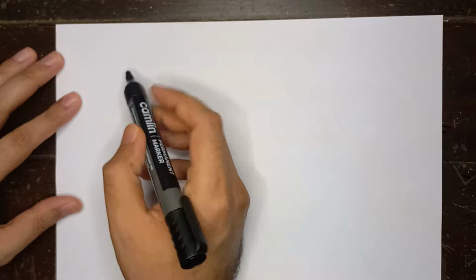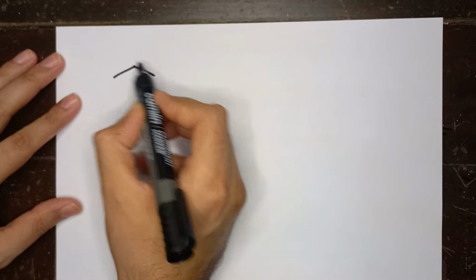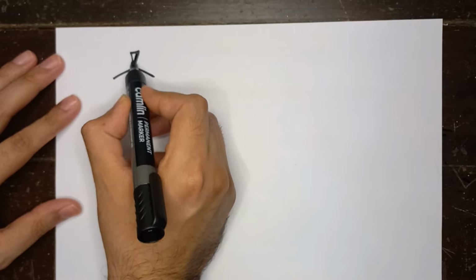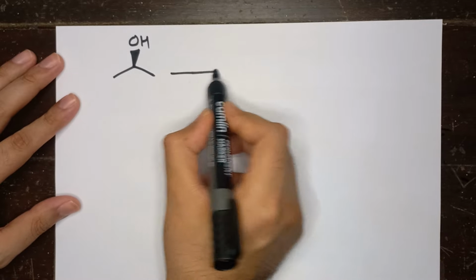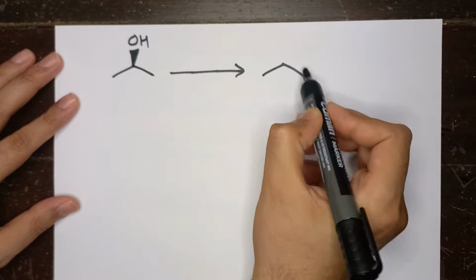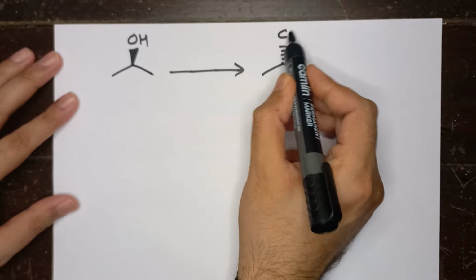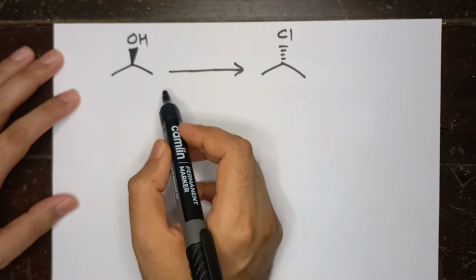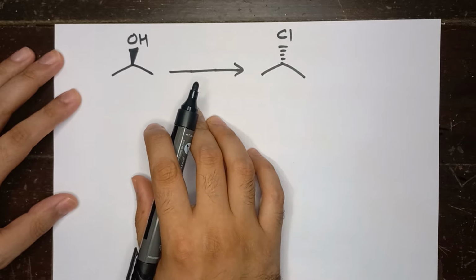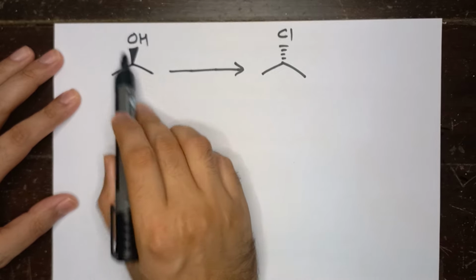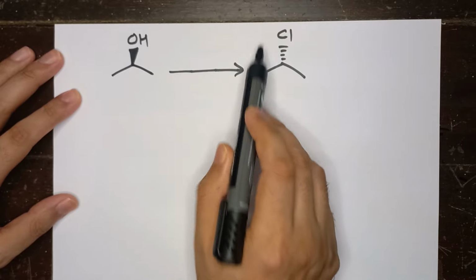Okay, so we have this particular alcohol where OH is above the plane, and I want to convert it into a haloalkane where chlorine is below the plane. So this is what we call the Appel reaction, where stereochemistry is getting reversed and you are converting alcohol into haloalkane.